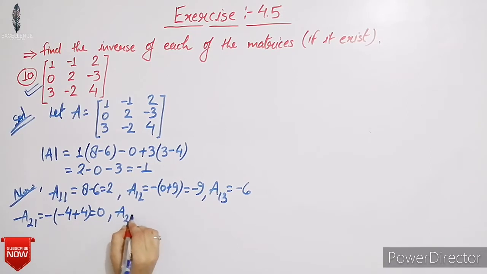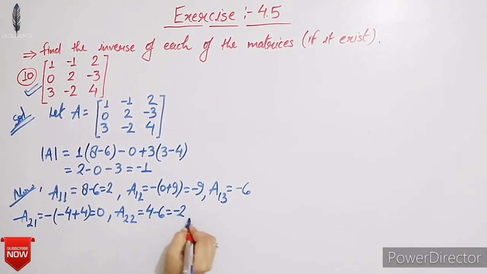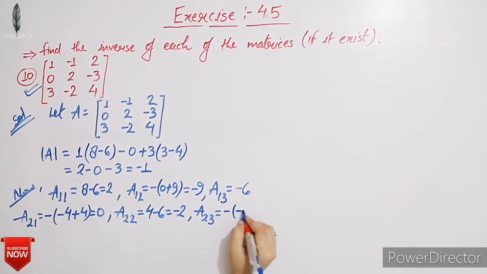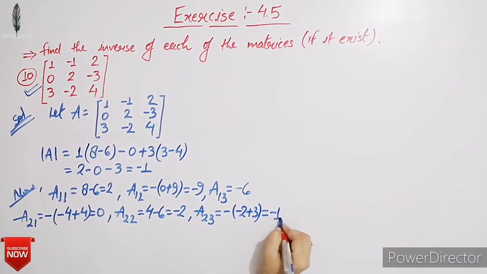And A22 is equal to 4 minus 6, which is -2. A23 is equal to -2 plus 3, that is equal to -1.